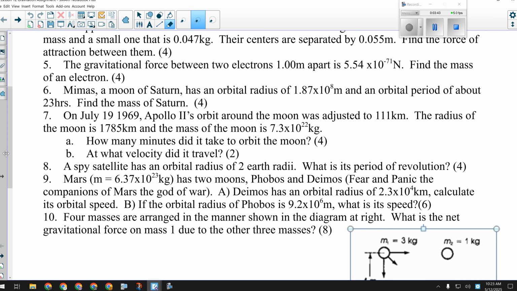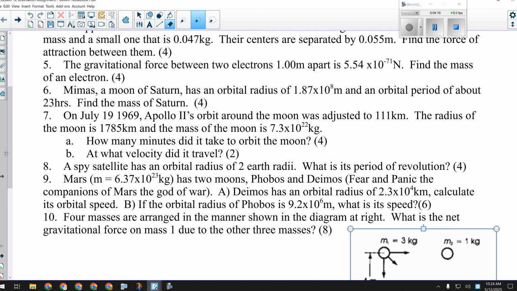Kind of an important thing that people overlook in that question. And of course you are given the mass of the moon. Use that mass, not the one on your formula sheet that has an additional number. For part A, looking for how many minutes it took to orbit the moon. Minutes, not seconds. And we're also looking for the velocity that it was orbiting the moon at.